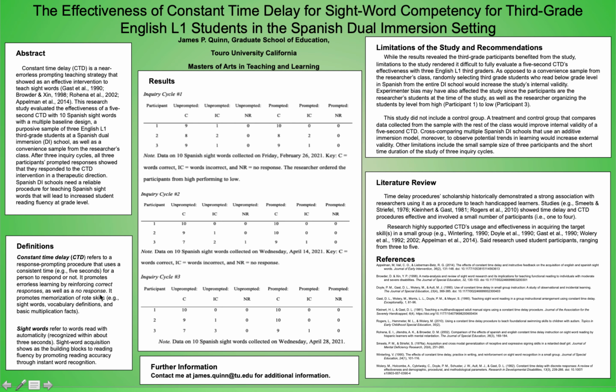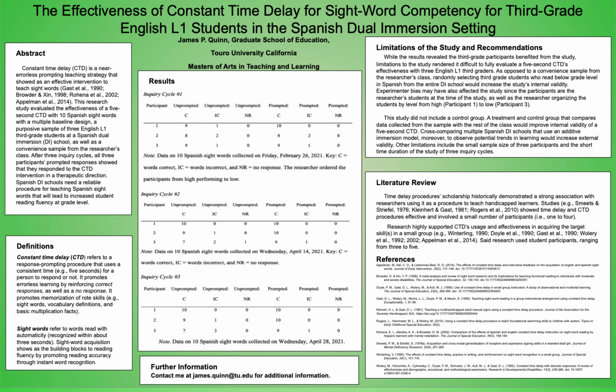So participants have the choice to not respond. The point being that if a participant does not know it, it's better not to say anything. That way they're associating the correct response with what the researcher or teacher provides.